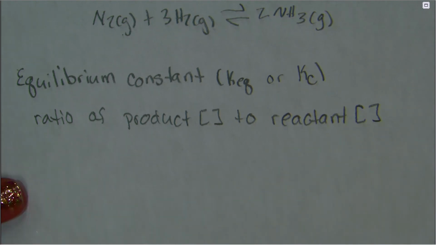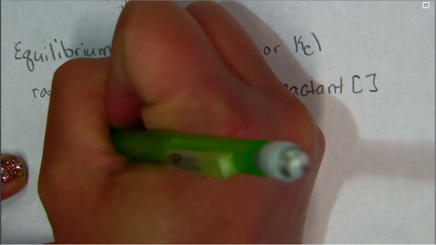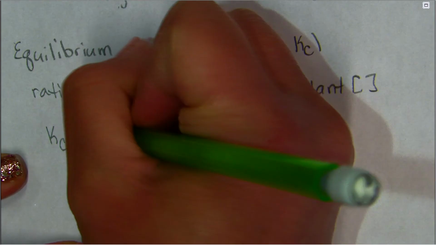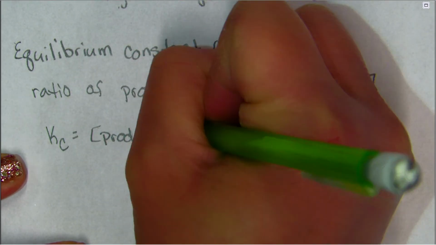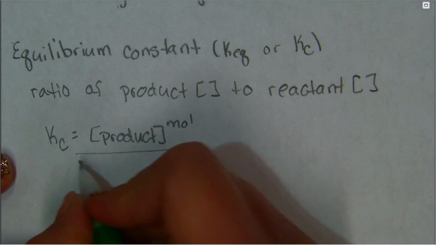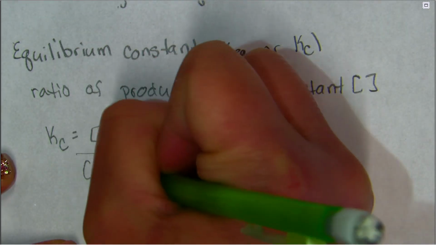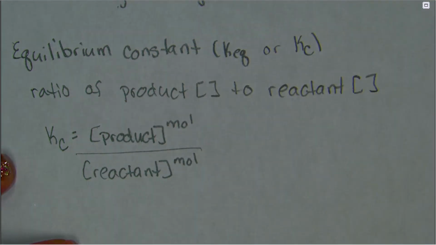And our formula to calculate our equilibrium is going to be the concentration of product raised to its mole over the concentration of reactant raised to its mole.